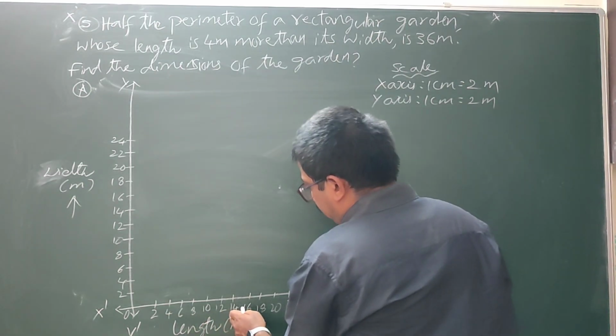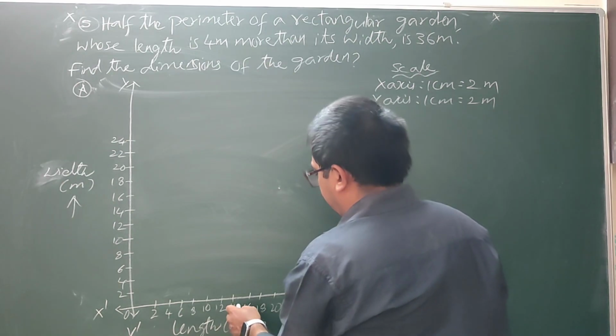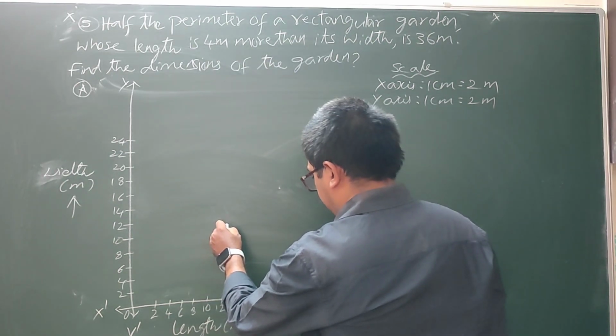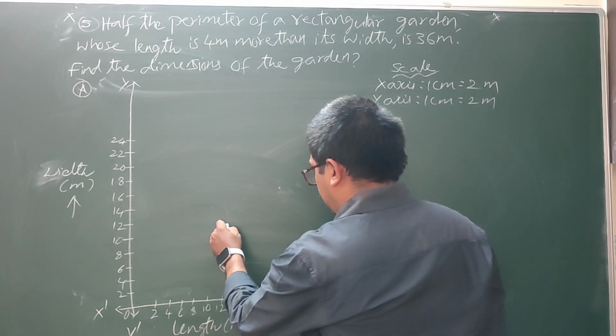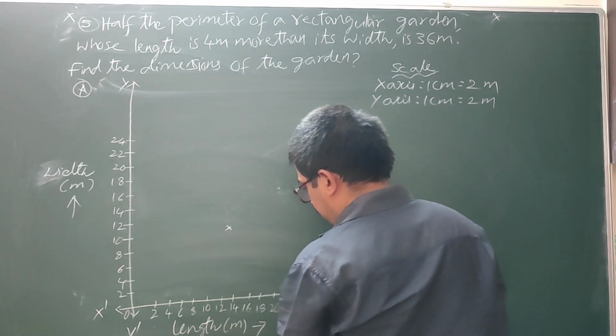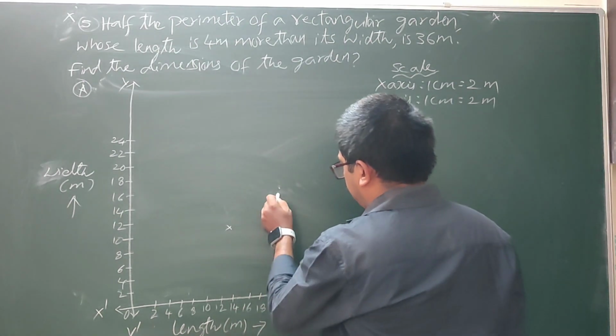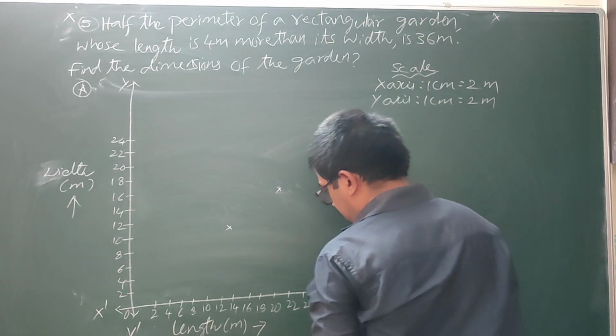So here, first equation: for 14 it is 10. Next for 20 it is 16.